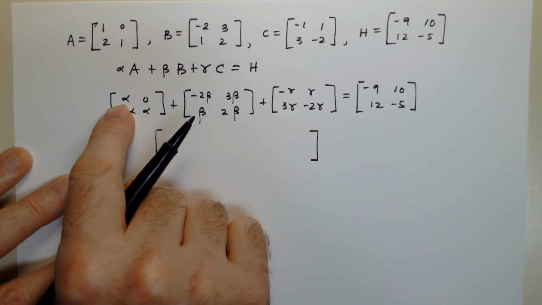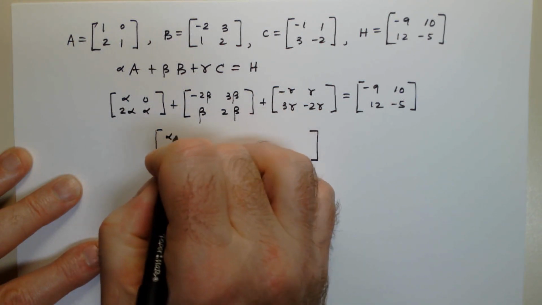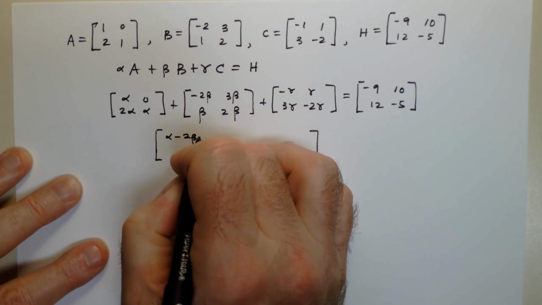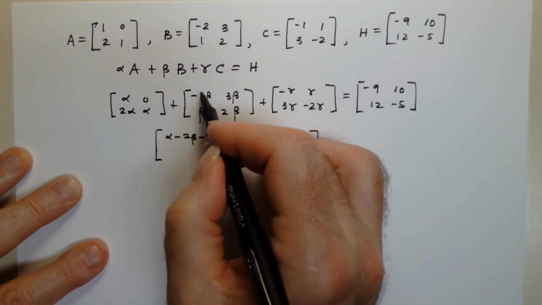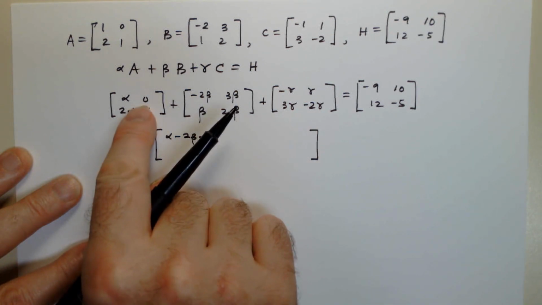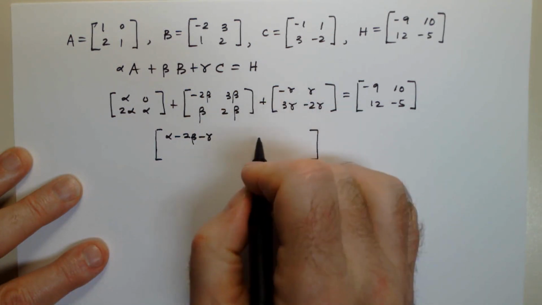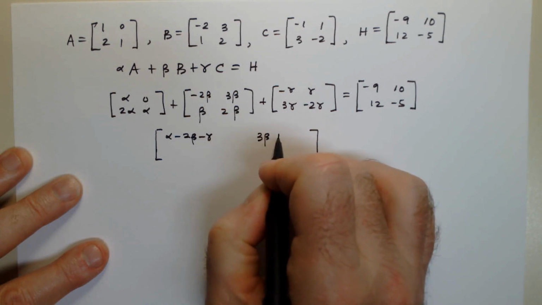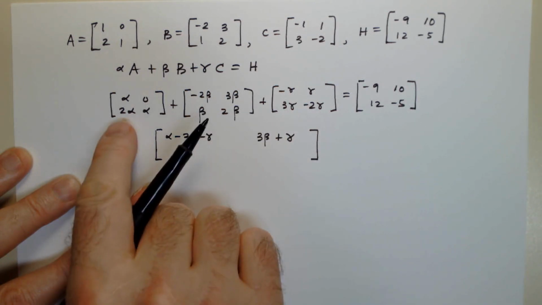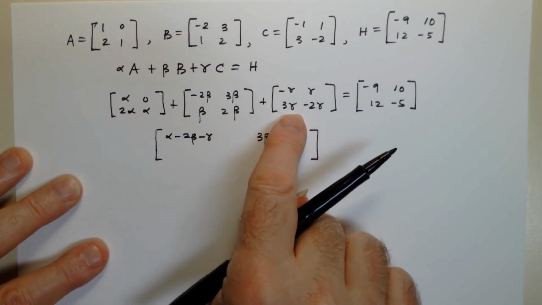Its first entry is going to be alpha minus 2 beta minus gamma. That takes care of all of the first entries here, the 1, 1 entry, so to speak. Then we'll do the 1, 2 entry, so 0 plus 3 beta plus gamma. Then we'll have in this 2, 1 position 2 alpha plus beta plus 3 gamma.